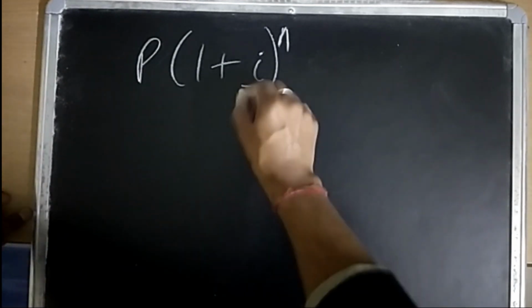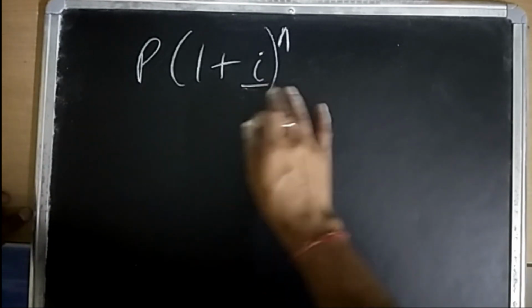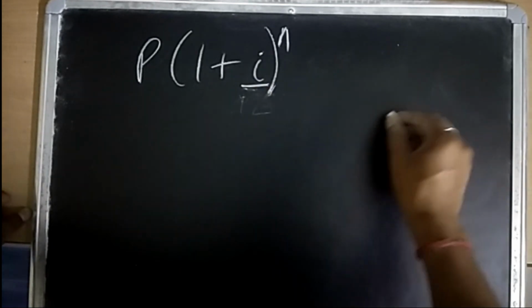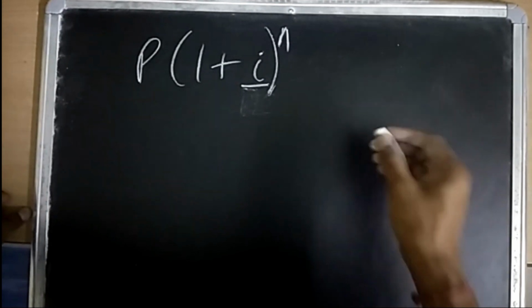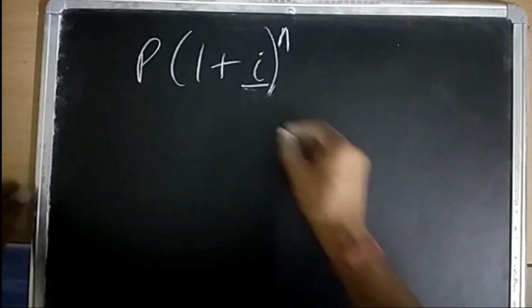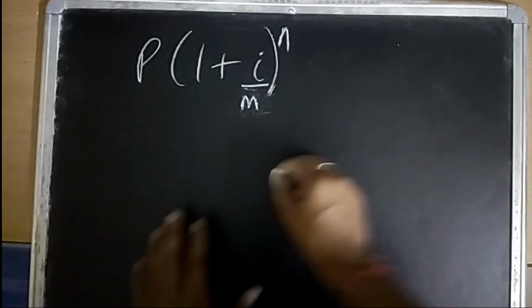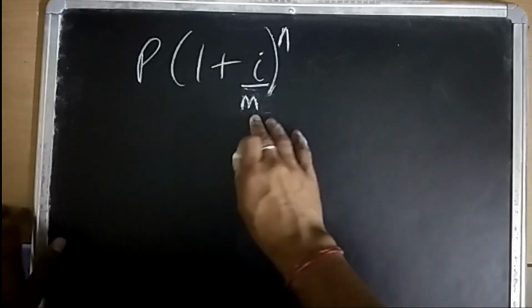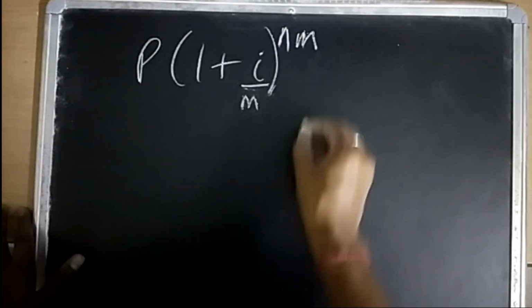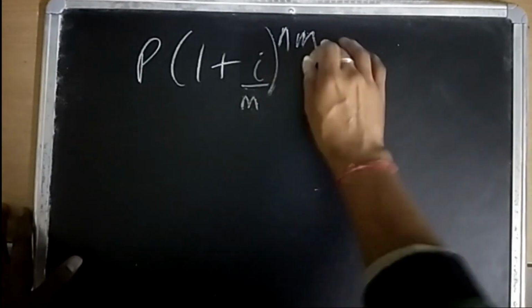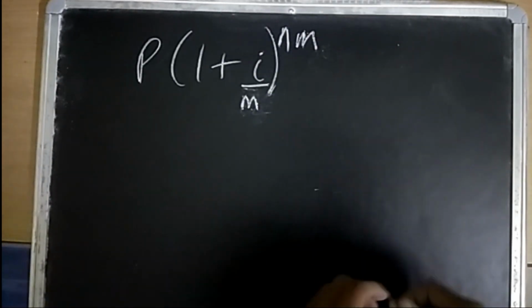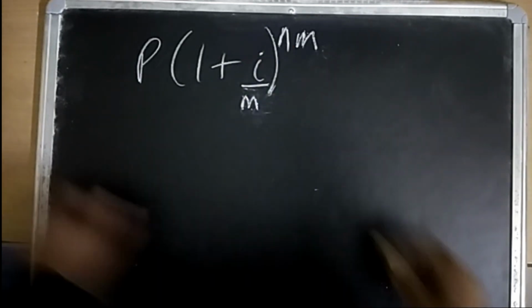Let's say monthly, so it would be 12. Taking the general case, let's take M: the whole year is divided into M parts, so rate of interest divided by M, and multiply the exponent by M. This is a thing that you should remember.